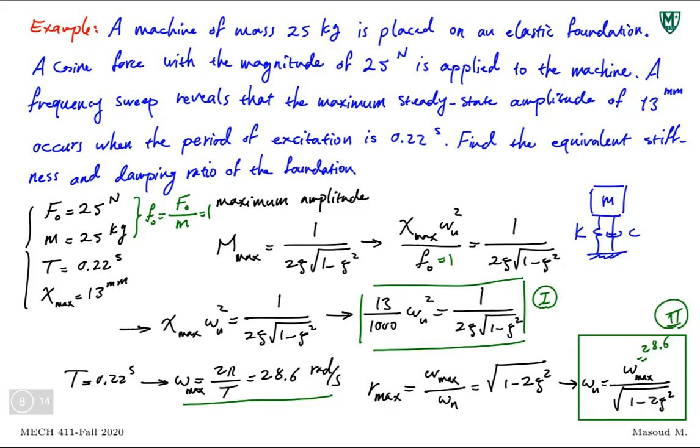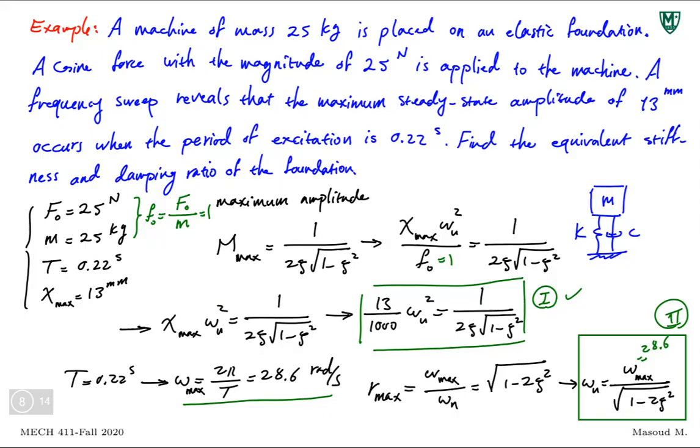I have the first one that I got from the fact that I knew the maximum amplitude. I got the second one from the fact that I knew the excitation frequency at which the maximum occurred. Well, I didn't know the excitation frequency exactly, but I knew the time period associated with it, so I found omega max from the time period.